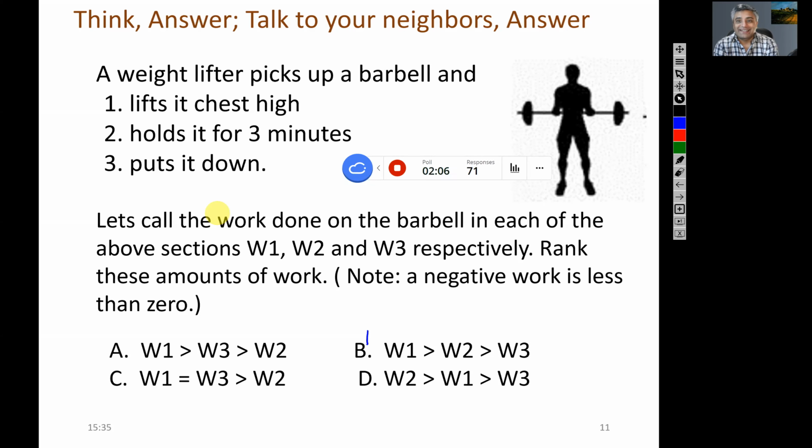Oh, 30 more seconds. Five more seconds. 5, 4, 3, 2, 1, and it stops.